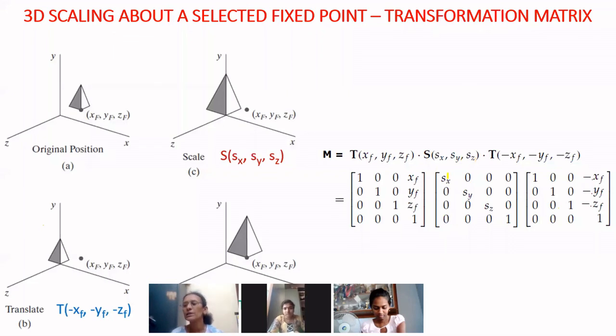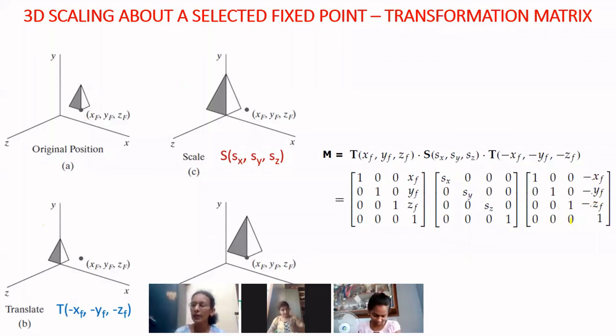The scaling matrix is Sx 0 0 0, 0 Sy 0 0, 0 0 Sz 0, 0 0 0 1. The inverse translation matrix, by minus Xf, minus Yf, minus Zf, is 1 0 0 minus Xf, 0 1 0 minus Yf, 0 0 1 minus Zf, 0 0 0 1.